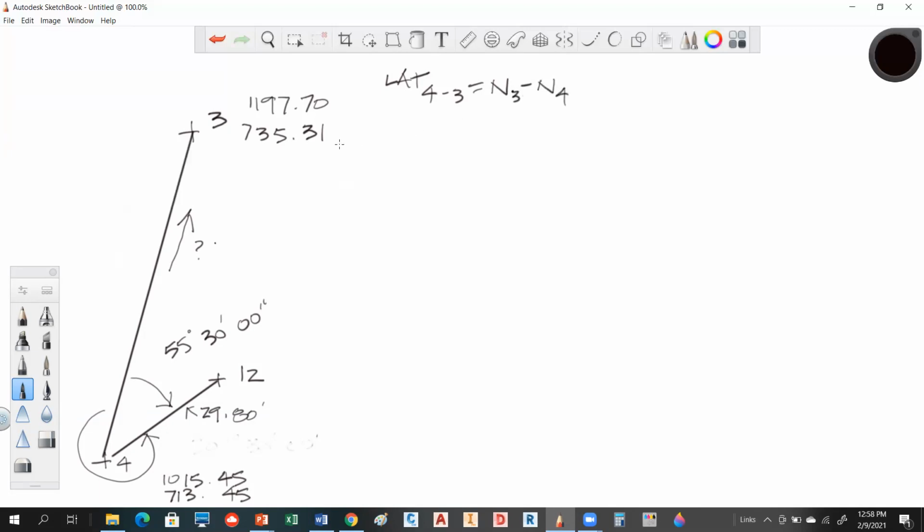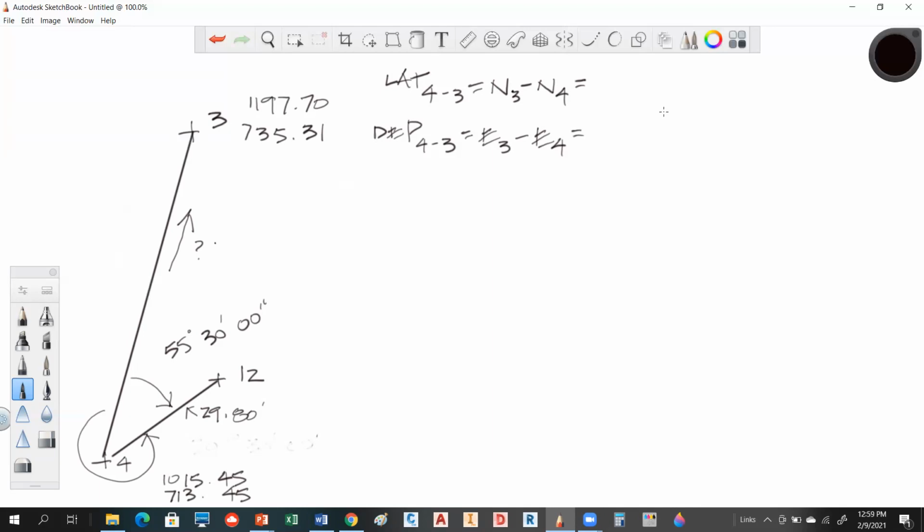Correct. All right. And departure would be the same thing. Just remember, if you're going 4 to 3, you're just reversing it. If you remember that, you will definitely never make a mistake. And if you do reverse it, you get the right number. It's the absolute value, though, and that's gonna give you problems.